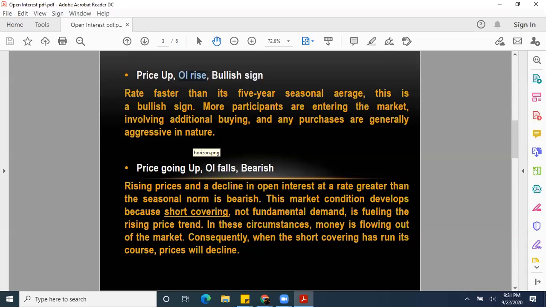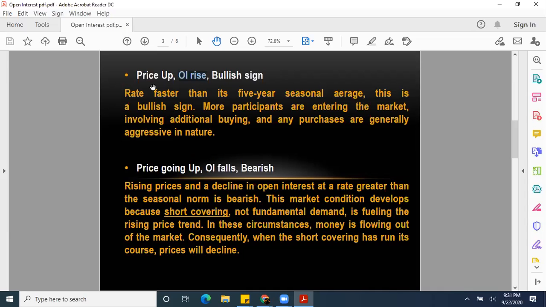So when price is going up and open interest is positive, it is a sign that the trend is bullish. If you're a swing trader, this will be a sign to hold on to your trades until you begin to see signs of weakness of trend or bearishness.